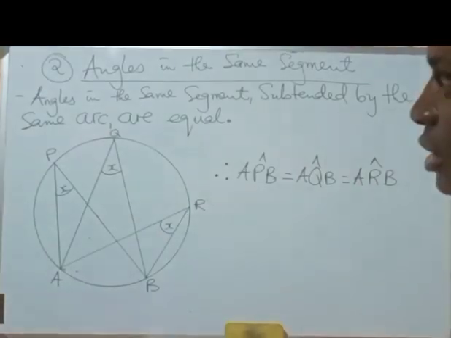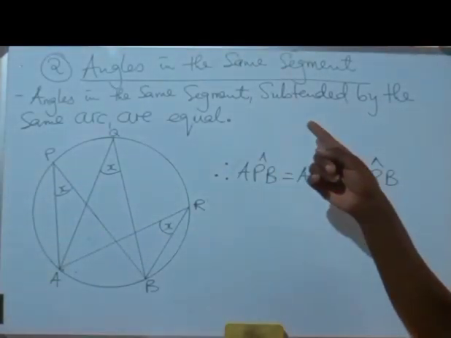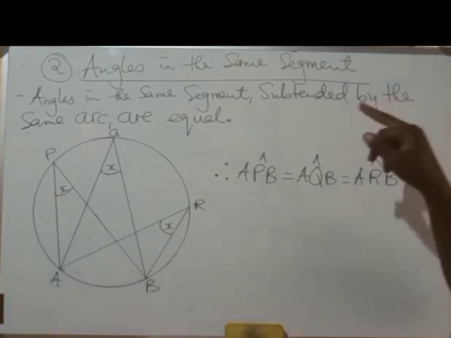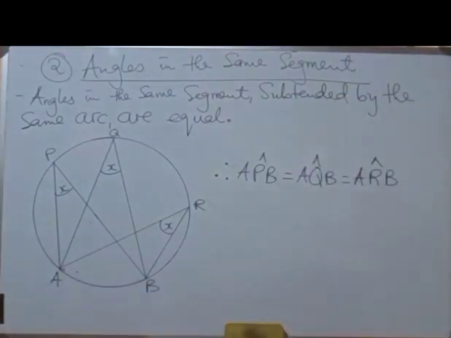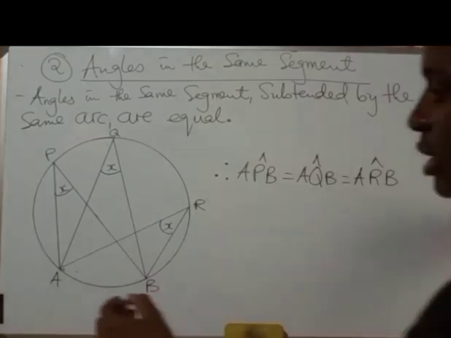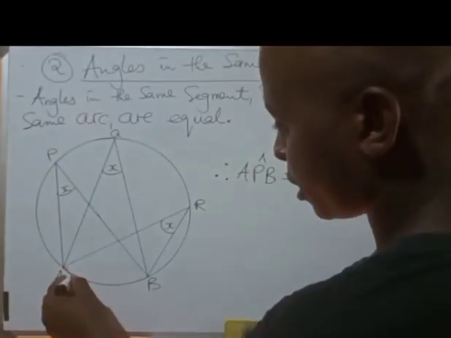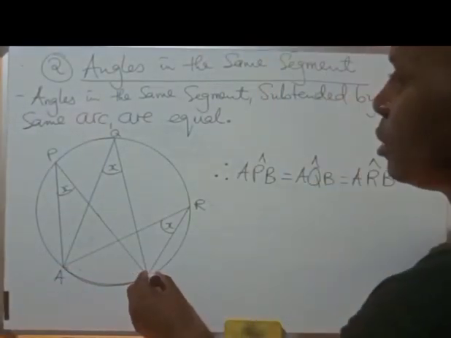The theorem states that angles in the same segment, subtended by the same arc, are equal. This is the same arc we have there.